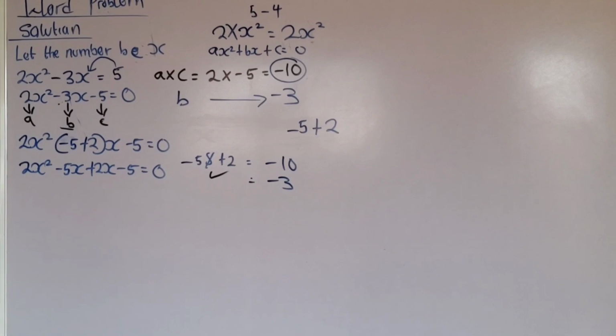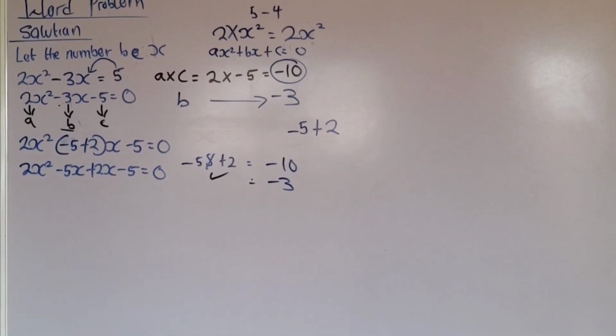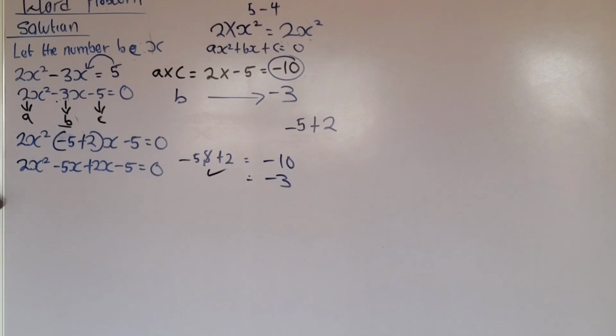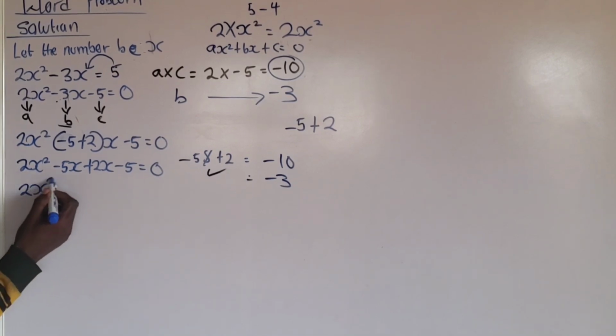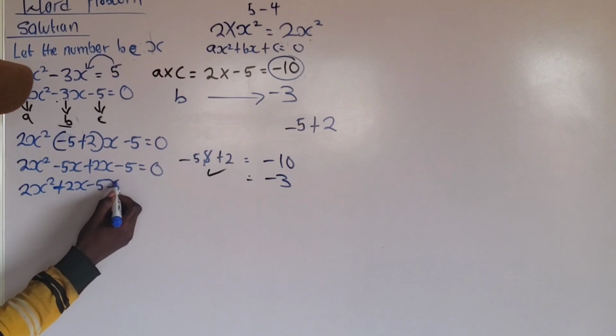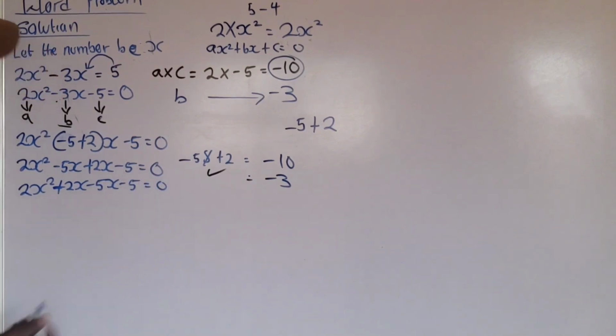Having gotten to this point, I'm going to rearrange this equation so as to make the solving simple. So I'm going to have 2x squared plus 2x minus 5x minus 5 equals 0. Now, we can factorize.